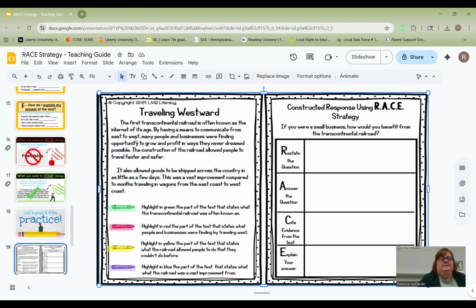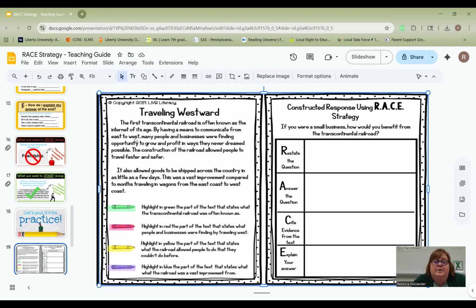So let's see. By having a means to communicate from east to west, many people and businesses were finding opportunity. Ooh, so that's what they were finding.